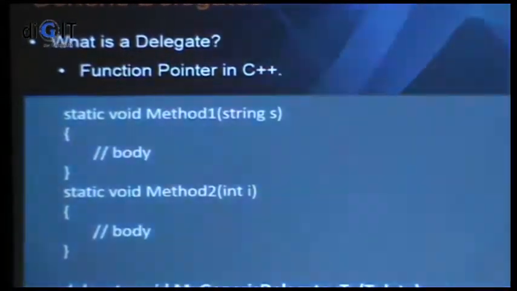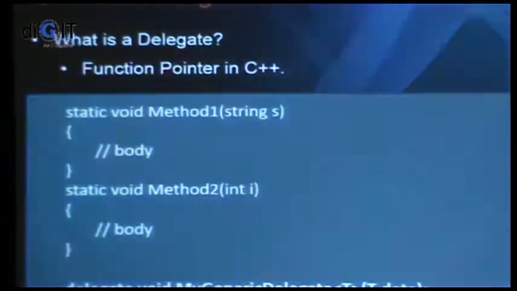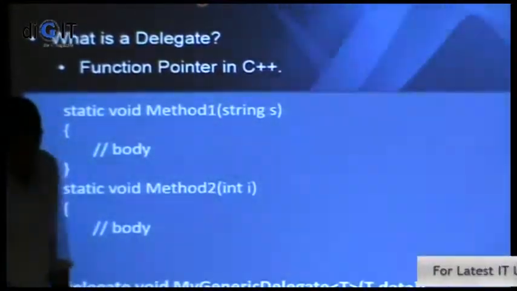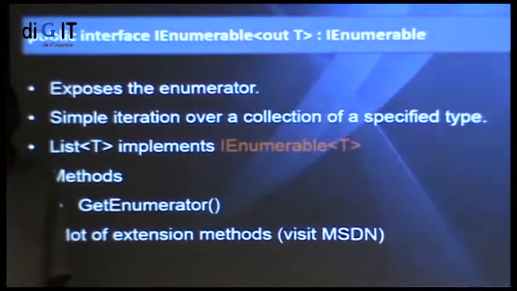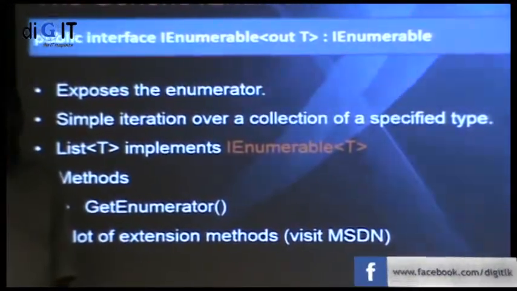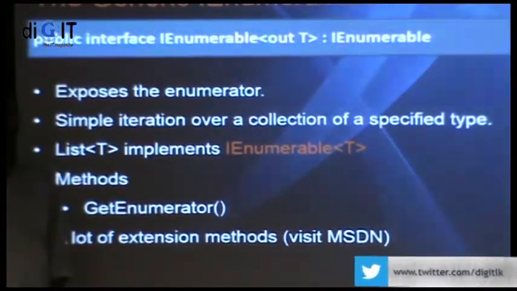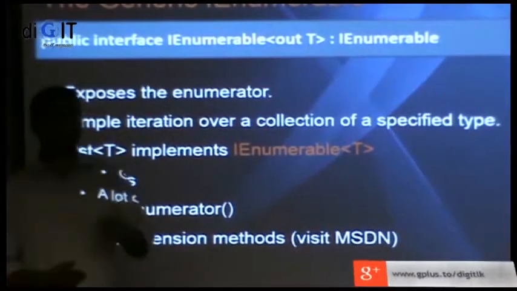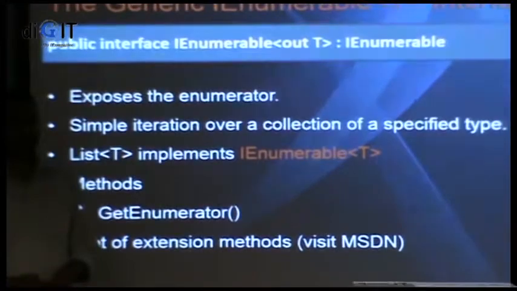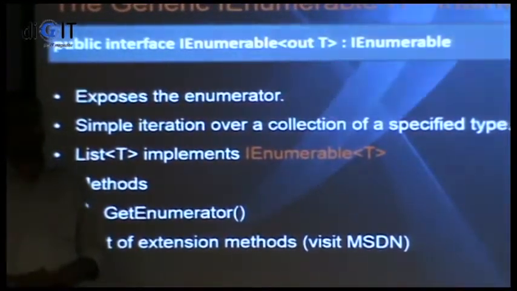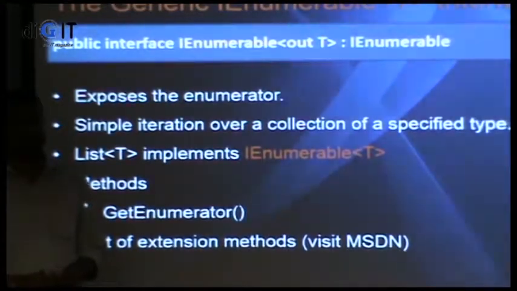So there are generic delegates. So what is a delegate? Function. Good. Wait, explain. Delegates you can use for many purposes. You can use a function pointer or event, or we can create it for asynchronous execution.